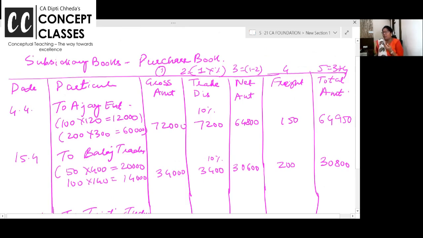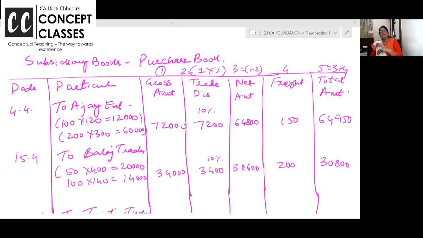Because nowadays they give the problems in practical form, so they may give you this GST. Very good. Goods and Service Tax. It's a type of sales tax. Whenever you sell goods to others, you have to charge GST.